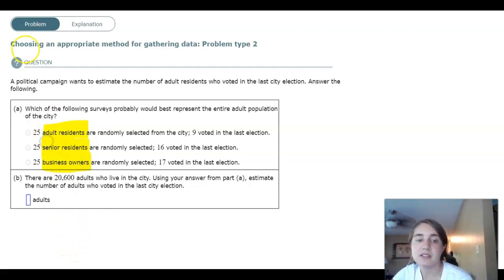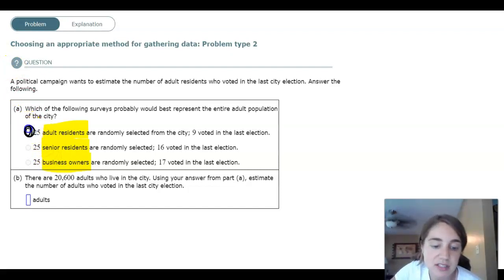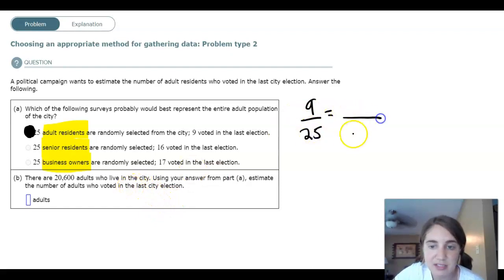The best one that doesn't have bias is adult residents, because business owners or seniors may be biased. So 9 out of 25 voted. This wants to know how many voted out of the city of 20,600.